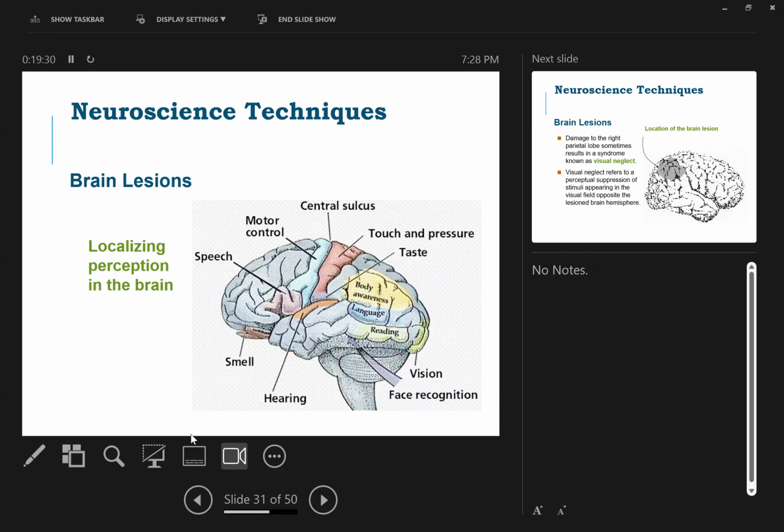And face recognition, for example: a lot of people with damage inside their temporal lobe have problems detecting and recognizing faces.